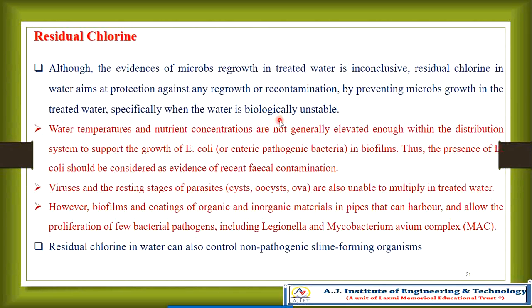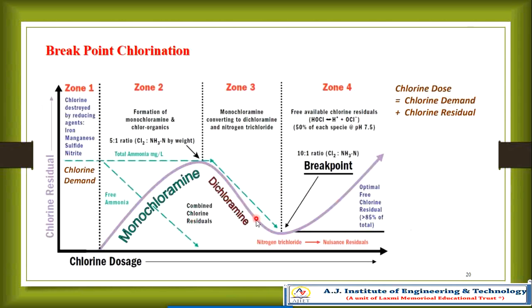Residual chlorine aims at protection against any regrowth or recontamination by preventing microbes in the treated water. See, this figure shows the microbes. Up to zone 3 is where all the reactions happen.